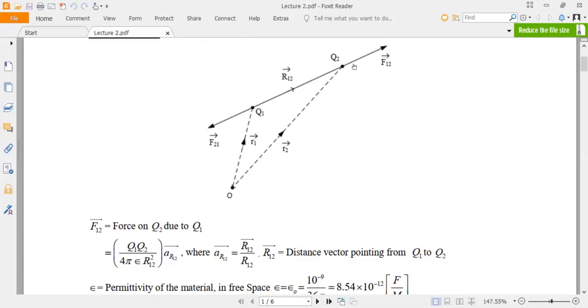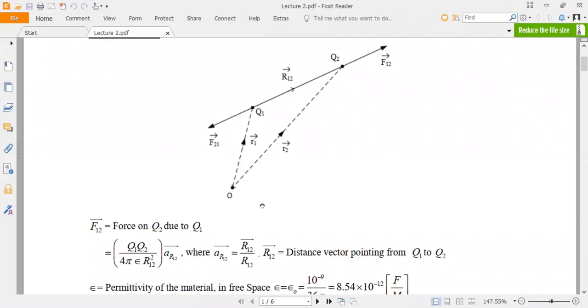In a similar way, you can also find the force that Q1 experiences because of Q2. It will also exert some force. That force we name F21, the force on charge 1 due to charge 2.